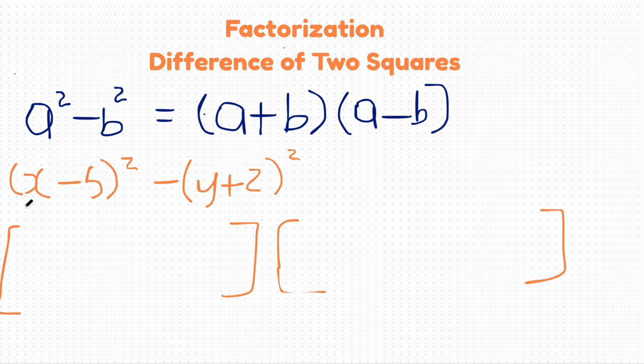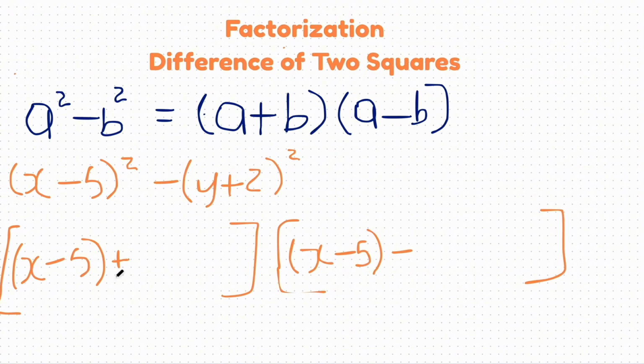When we find the square root of x minus 5 squared, what do we get? We get x minus 5, and we have to put it there. And we also put it right over here, x minus 5. Then we put our signs. You can put the plus sign right here. If we have plus on this side, then we would have to put minus over here because we need one of each sign.